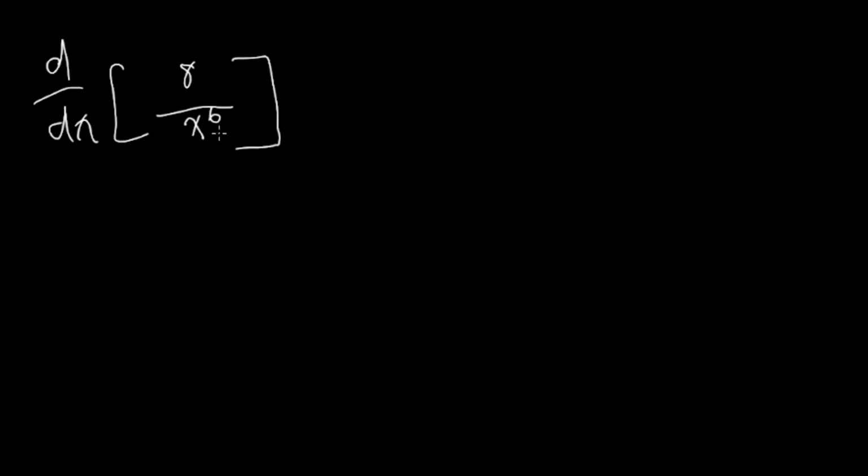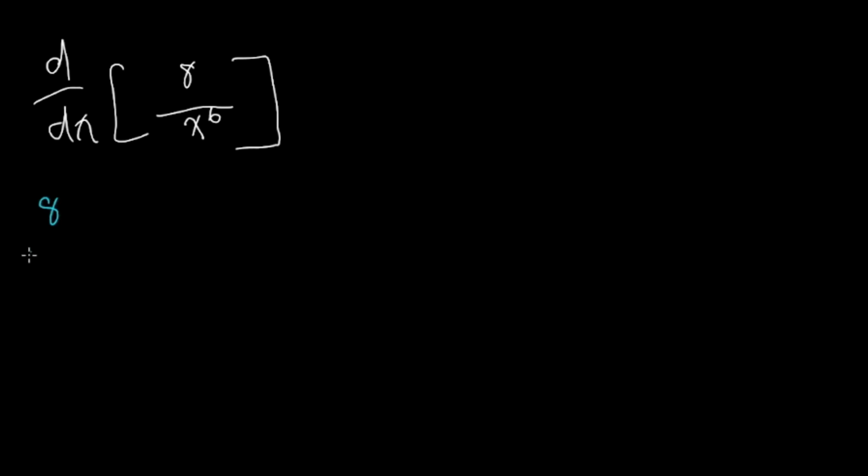Let's also consider the derivative of 8 over x to the power of 6. You guys can feel free and work it out yourself, and then unpause the video and get the answer.